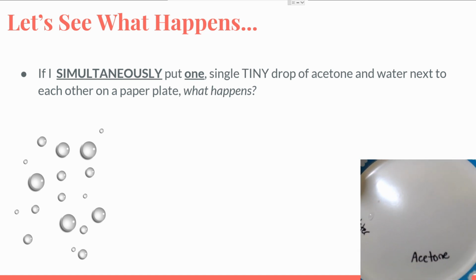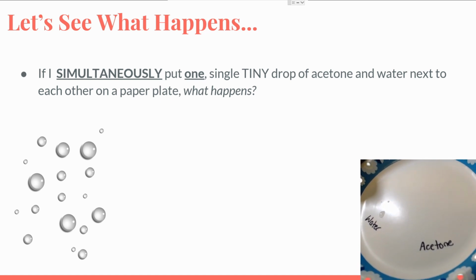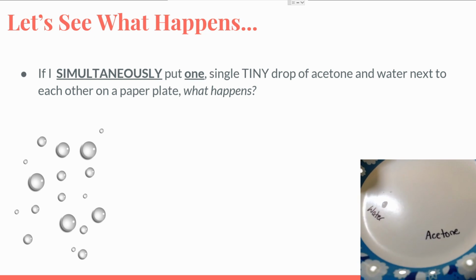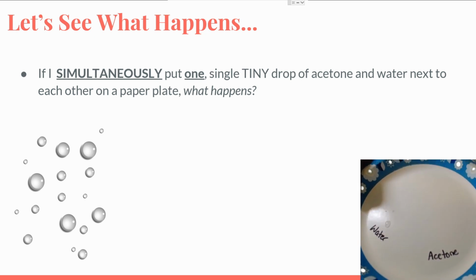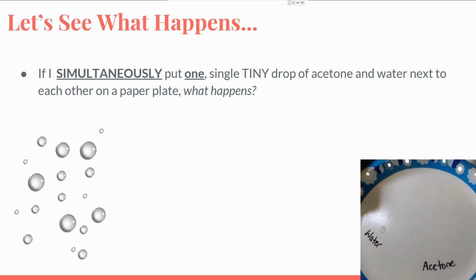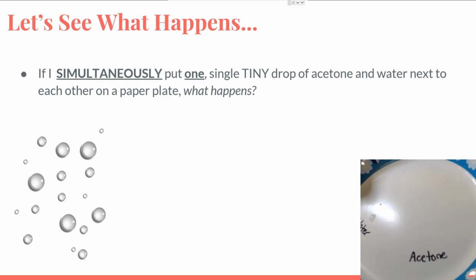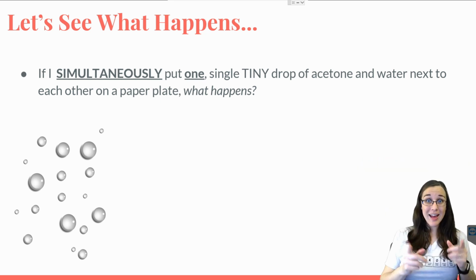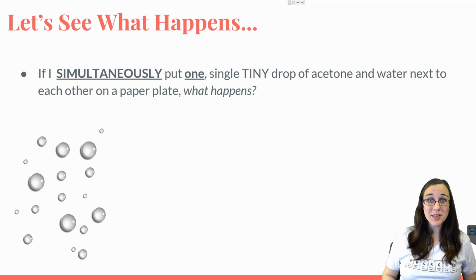It's in the same temperature bedroom. It's in the same area. It's on the same plate. Why is it that one chemical is still there and the other chemical is gone? What happened? That conundrum is exactly what we're going to be talking about in today's lesson.